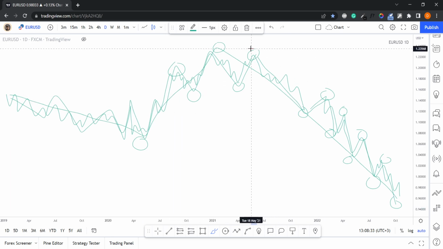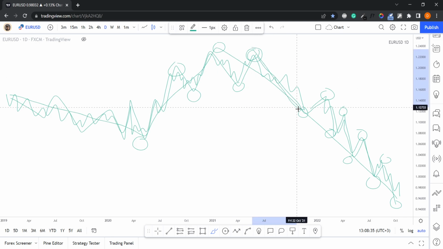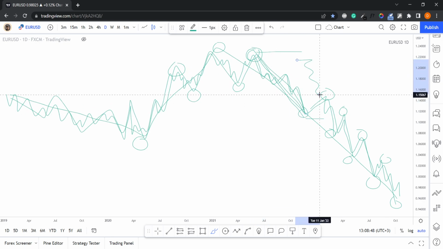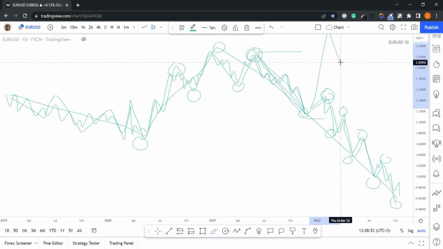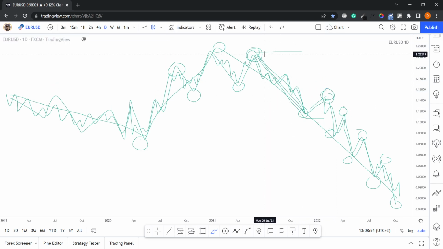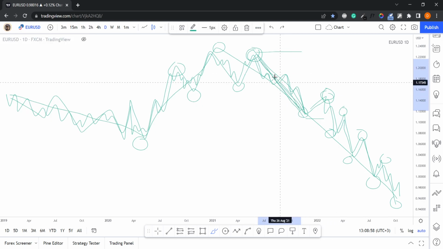So for instance, here we had this big move, and now we have inside moves of this structure. Okay, again and again we had this big move, and now we can expect it to hold, and it really holds. So instead of just doing something like this, the market stayed inside of this bigger push.